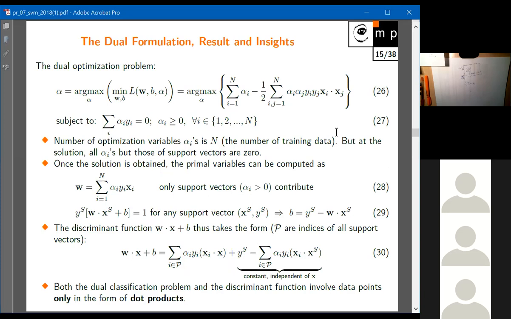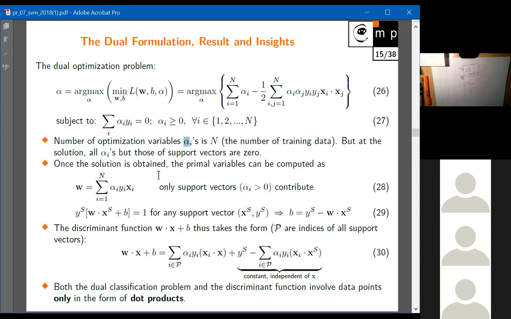Now we potentially have n alpha i's, where n is the number of training data, but the support vector number will be very small. Like in the general case, it will be d plus 1, where d is the dimension of the space.